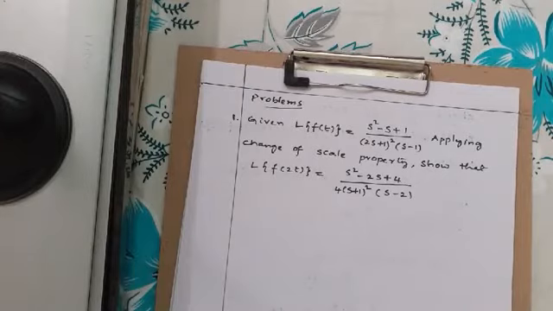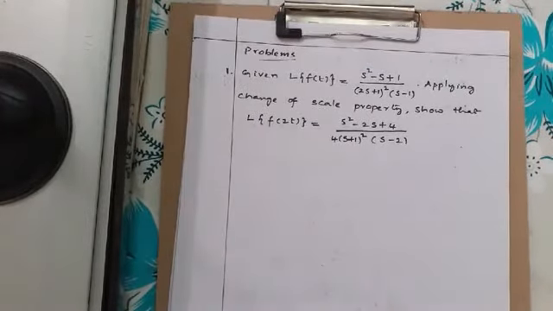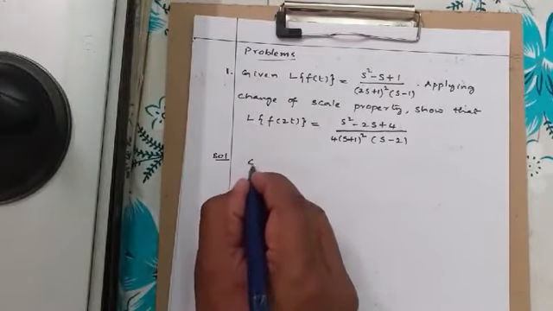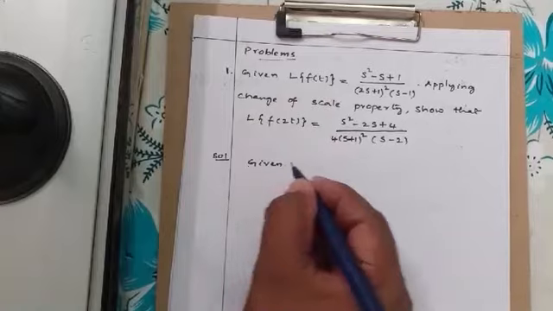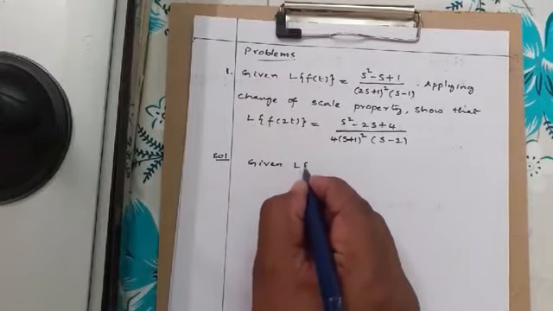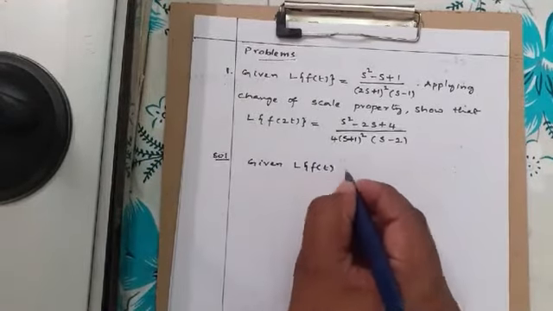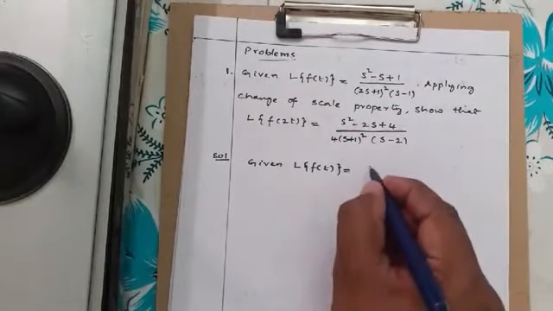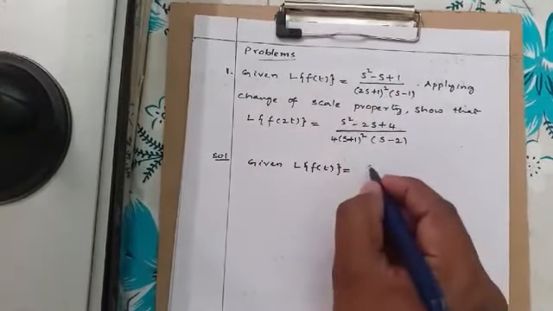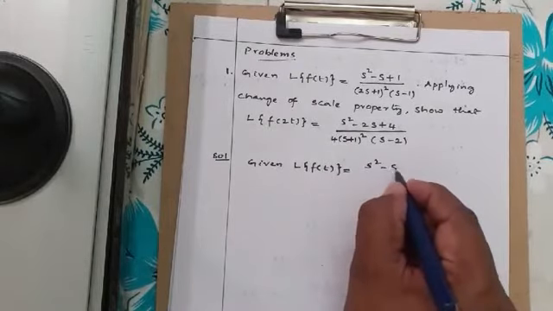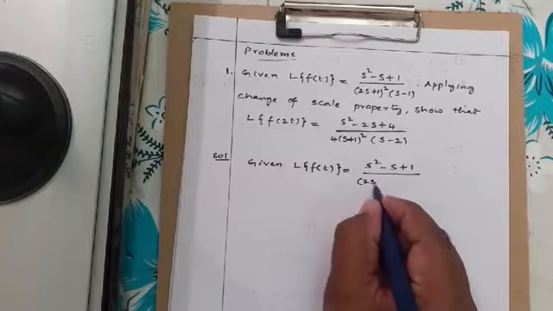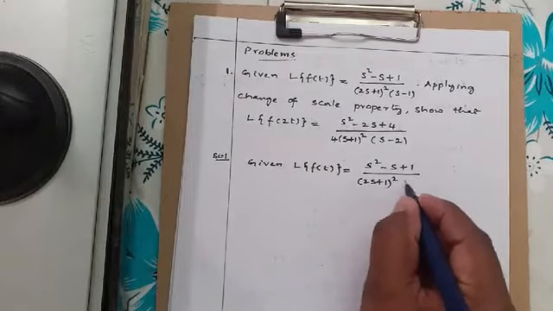Now for solving this, first we write the solution and we write given. What is given here? L of f of t is equal to s square minus s plus 1 upon 2s plus 1 whole square into s minus 1.